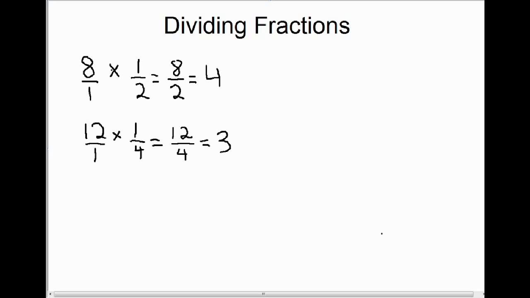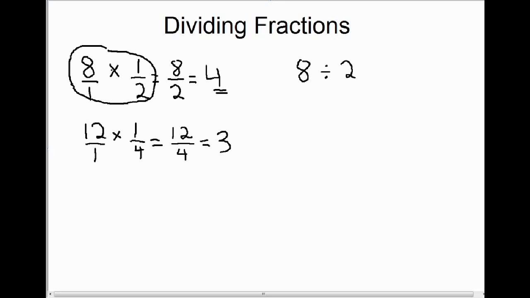With each of these examples, if I asked you to calculate a half of 8 for the first example, I would imagine that you probably wouldn't do it like this. If I asked you what half of 8 is, you would probably tell me it's 4. And how would you get that? Well, you would divide by 2. So instead of multiplying by a half to find a half of 8, you would do 8 divided by 2.